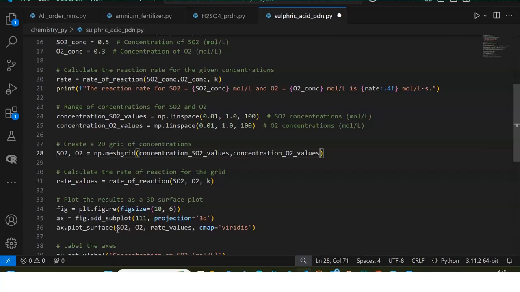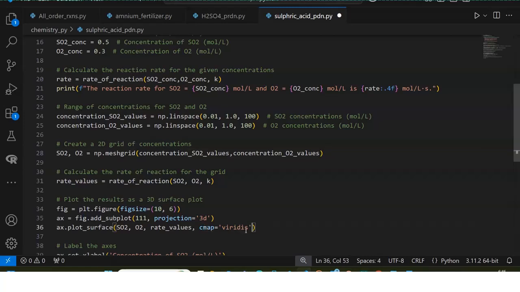Then with this other function, plot_surface, the projection 3D indicates that the plot should be rendered in 3 dimensions. Here we are setting up the color map.